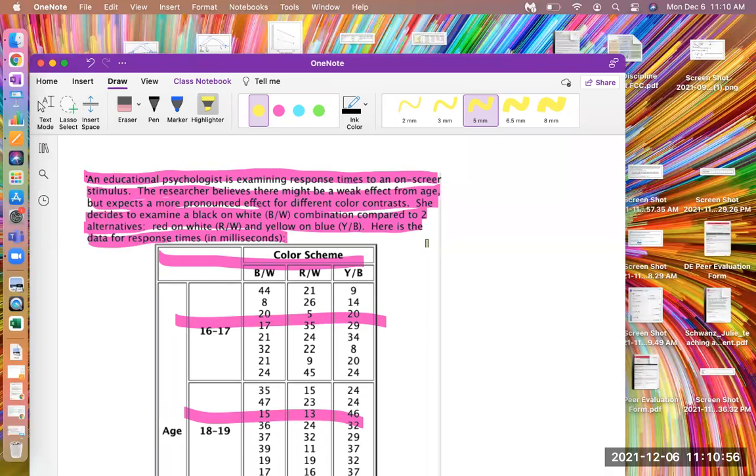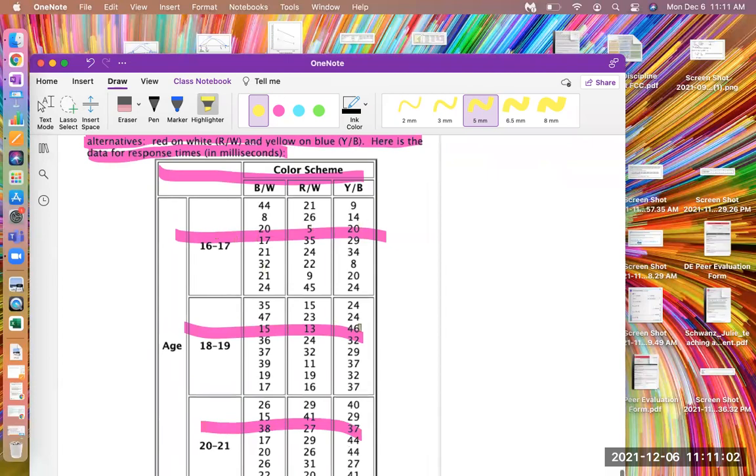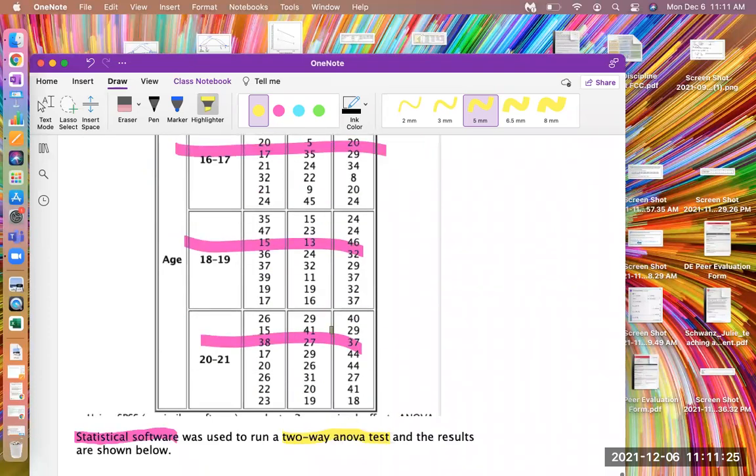Because in a two-way ANOVA test, sometimes we may need this table information if they ask you to actually run the test yourself, which I won't do with two-way ANOVA because we need different statistical software to do that, which we don't have. Your TI-84 and Excel and all those don't do that level of statistics. So I'm not going to ask you to do the two-way ANOVA test, but you would need this information if we did, okay?